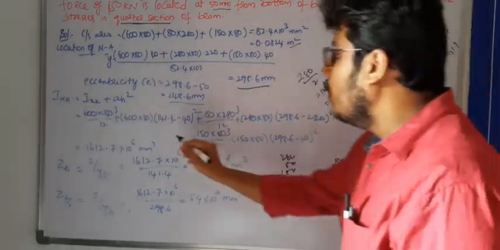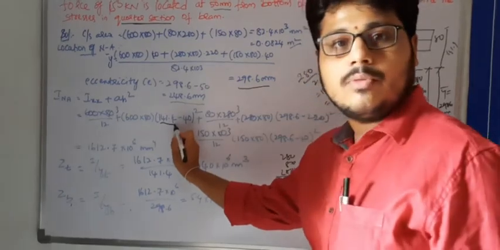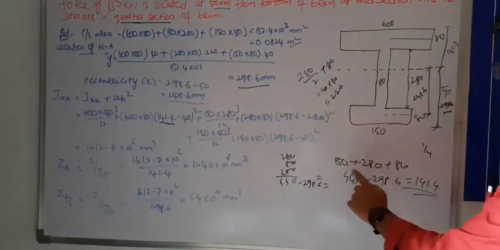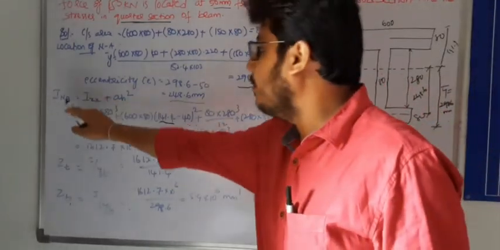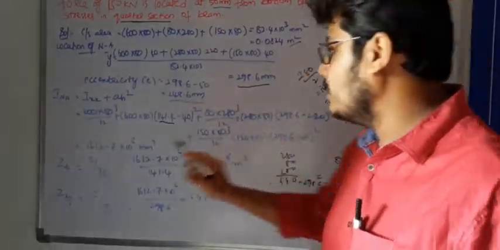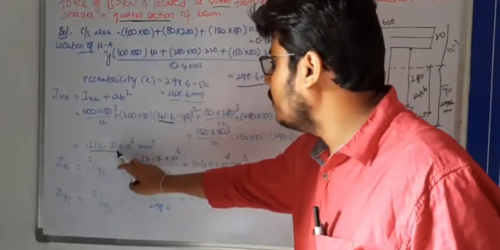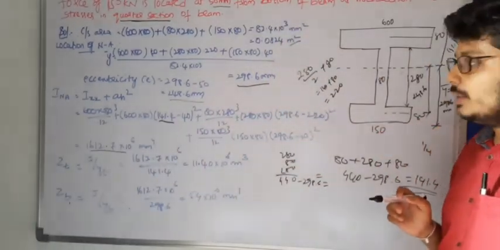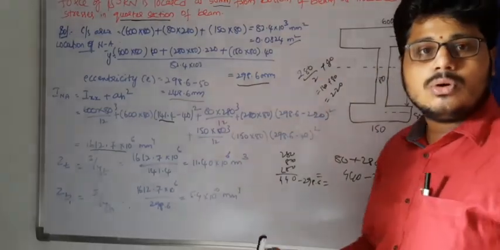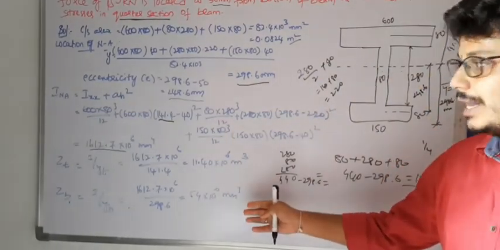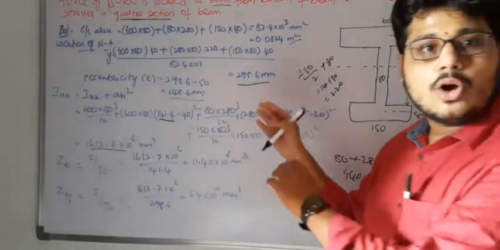We should remember how we get 141: it is 80 plus 280 plus 80 minus 298.6. Overall, by calculating the moment of inertia about the neutral axis, we get the value 1612.7 times 10 power 6.